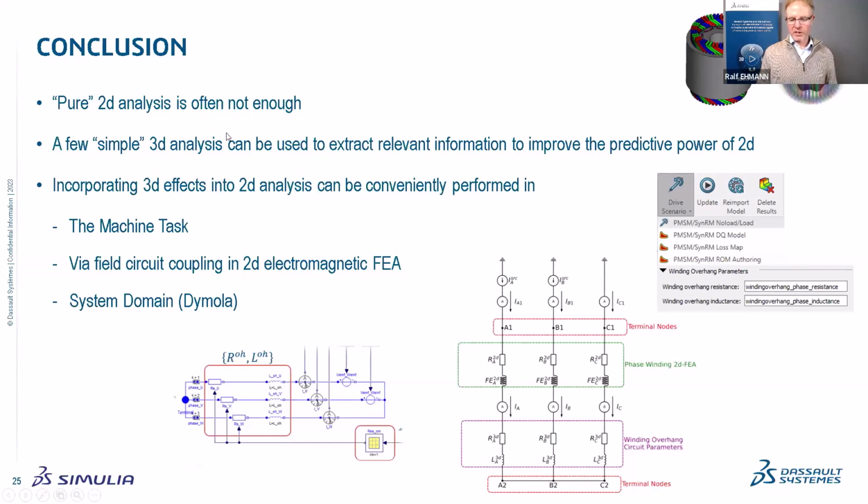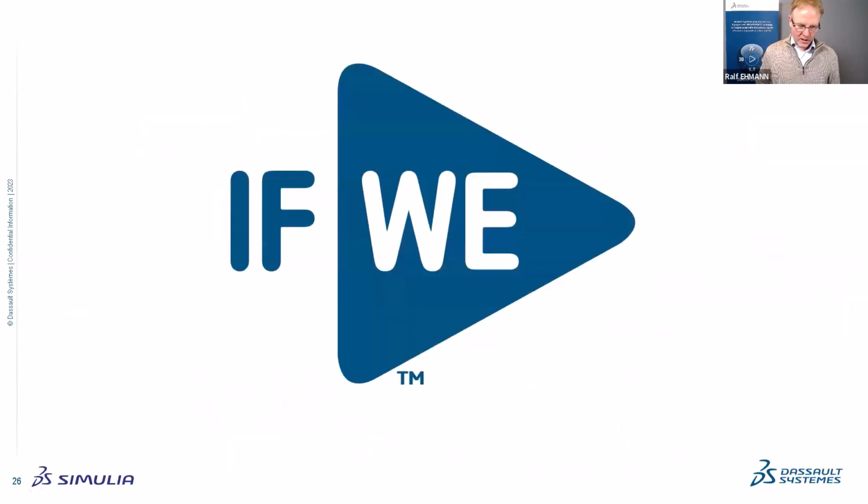You can do it quite cheaply, because you simulate a short machine, you simulate just one and lossless in 3D, and this gives you enough information to extract all the values you need. Okay, and incorporating this is also shown, and it's quite easy in Machine Task, circuits, and the AC resistance at system level. Okay, with this I'm through and open for questions.